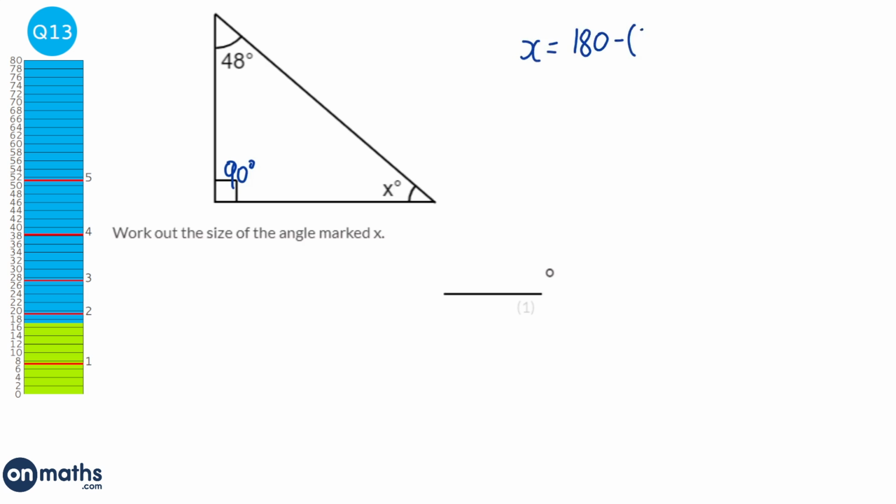So we're going to subtract the 90 degrees plus the 48 degrees from 180. And in brackets we're just going to say the reason, and it's angles in a triangle add up to 180 degrees. So when we do 180 take away 90 plus 48, you get 42 degrees.